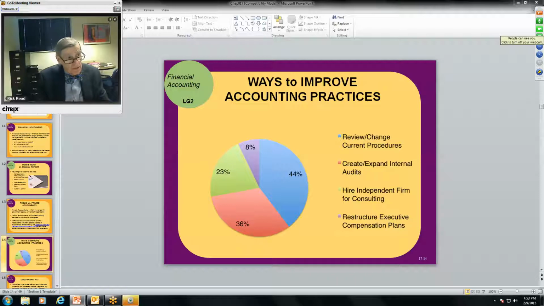And of course it is in some respects, but an audit can be a lot of things. It can look at production practices, can look at things such as purchasing raw material and things of that nature. So there's a lot that goes into auditing, and not just dollars and cents. There are other things. And then hire an independent firm for consulting.